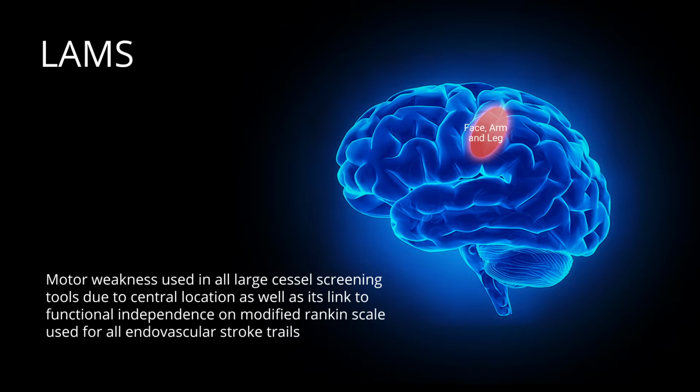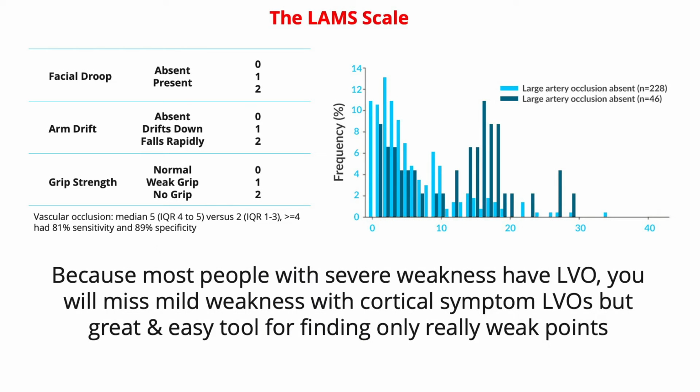LA Motor Scale, all they test is motor. It's face, grip strength, and then arm, and again it's 0 to 1 for facial droop present. If the arm drifts down it's 1, all the way flaccid or falls rapidly is 2. Grip strength, if it's a little weak, it's 1. If they have no grip, it's 2. And you have to have a 4 or greater.